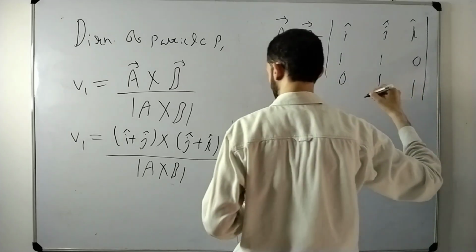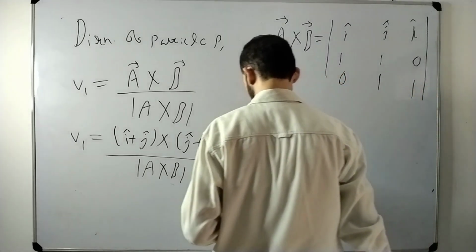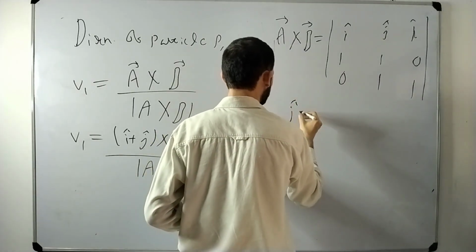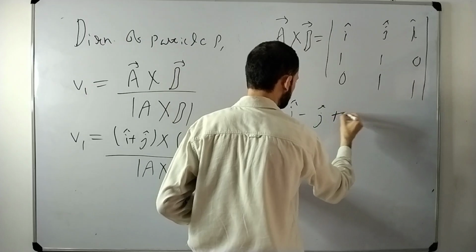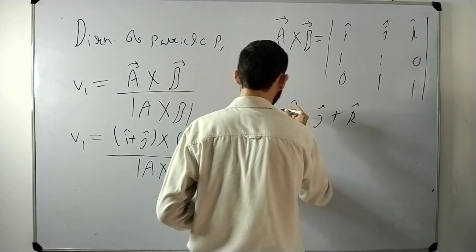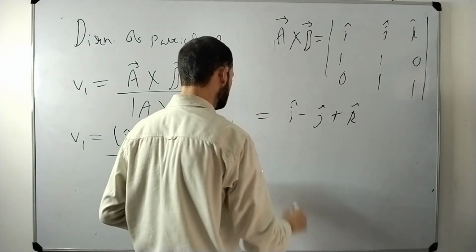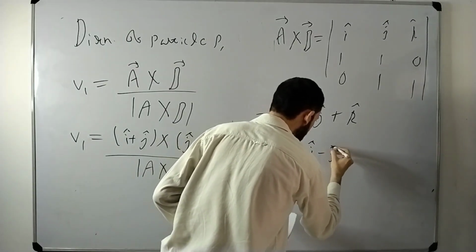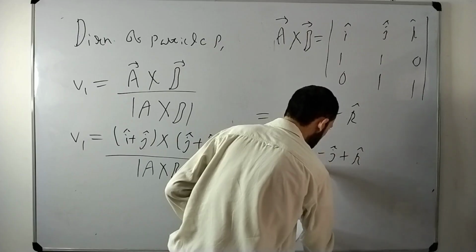Right now, student? Yes, sir, definitely. And this comes out to be I cap minus J cap plus K cap. We have discussed this in earlier lectures. V1 value comes out to be I cap minus J cap plus K cap under root 3.